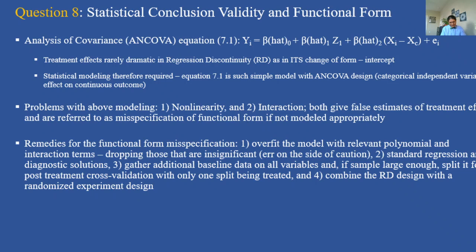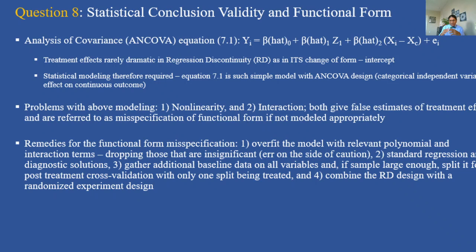The second aspect is interactions. Interactions too are a common occurrence and may be the cause of nonlinearity again. As it is important to check the distribution of each variable, so it is important also to check for interactions. In regression discontinuity designs, interactions are common between assignment variable values near the cutoff point and the treatment.